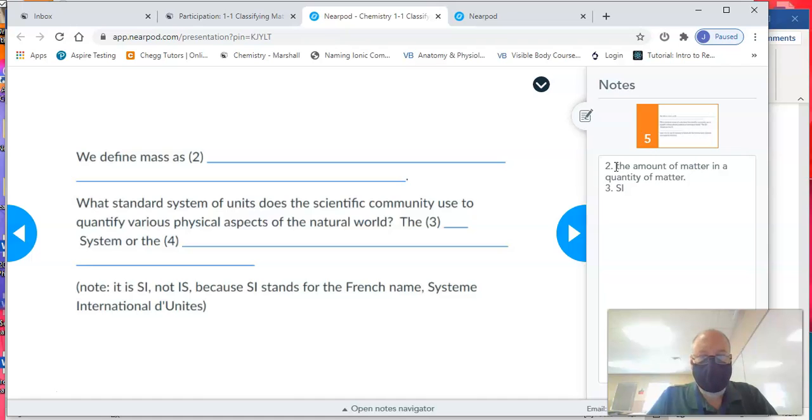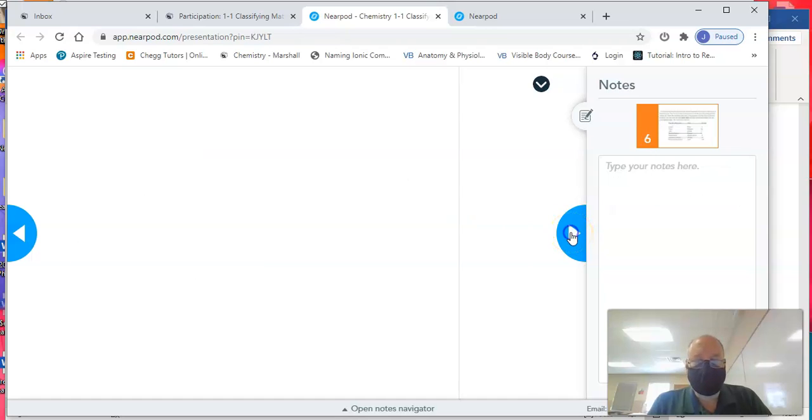This is also called the International System of Units. Now, it's not the IS system, it's the SI system, because the name in French is Système International des Unités, and I don't know how to pronounce that in French, but it's the SI system. That's the system that we use.